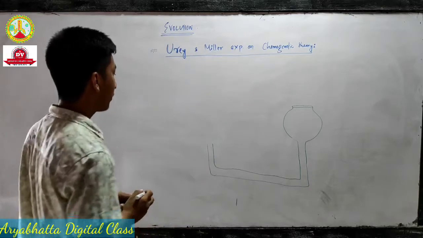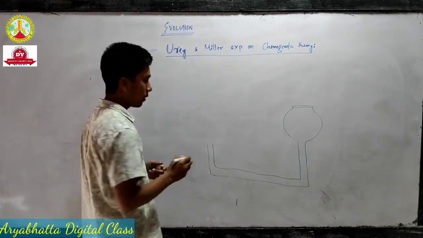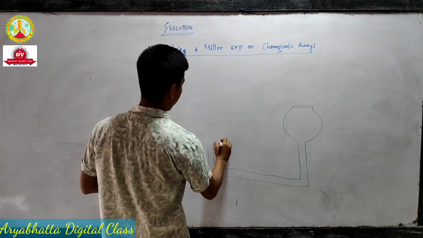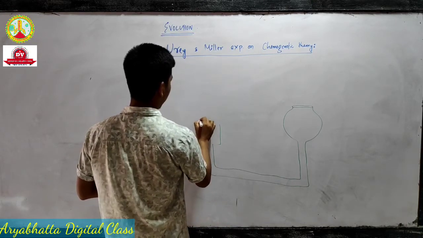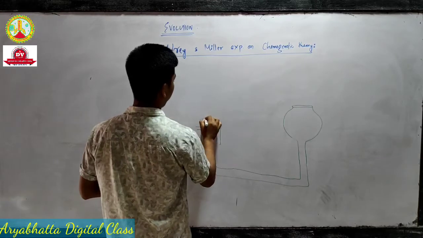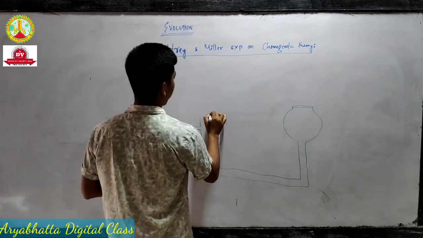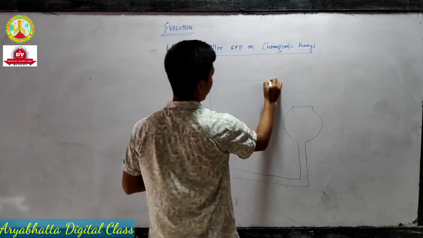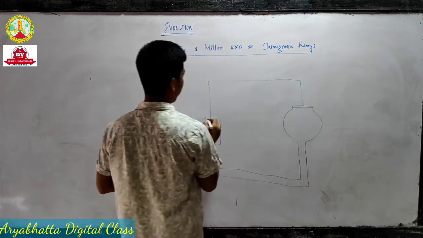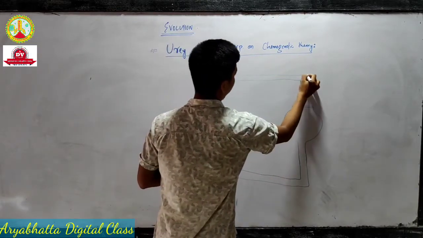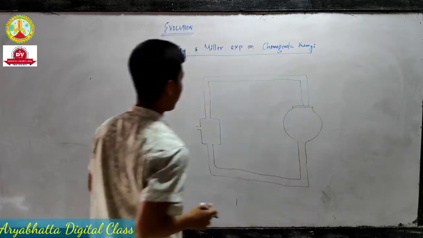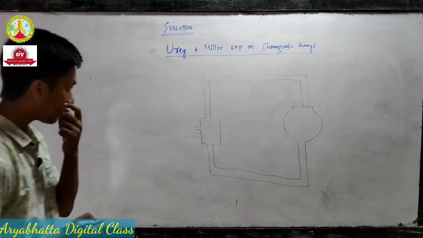This tube is connected with another flask. And then the same tube goes back into that round bottom flask. We call that structure the round bottom flask, okay?